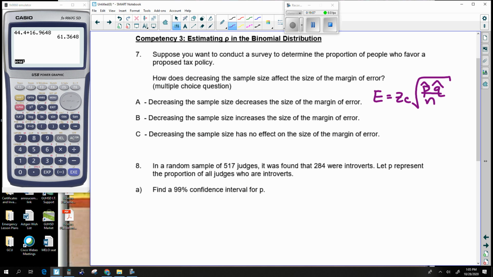And decreasing the sample size would be the N. So how does that affect the margin of error? So N is a division. So it's going to be opposite. So if N gets smaller, decreasing the sample size, that would increase the margin of error.